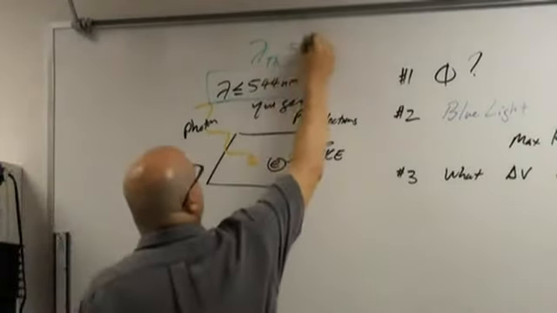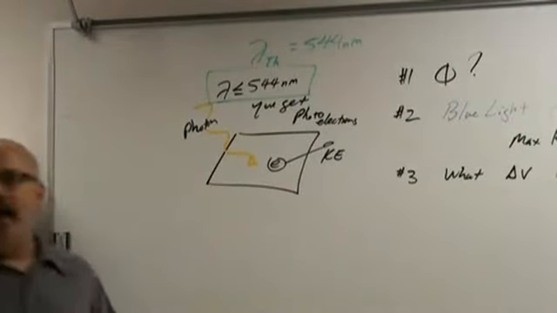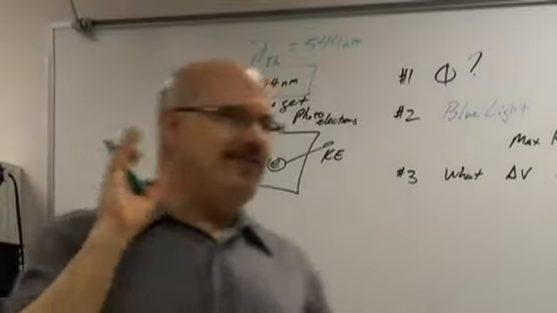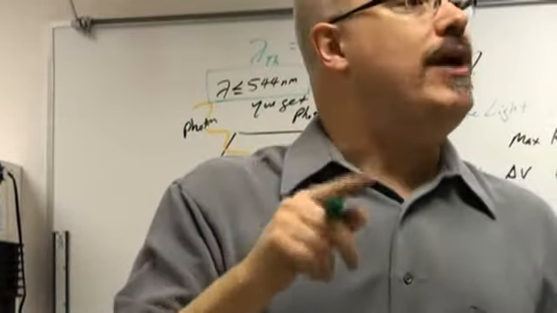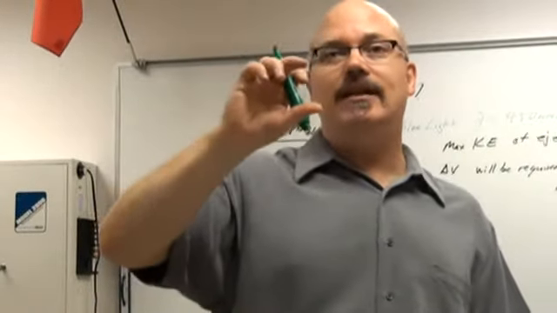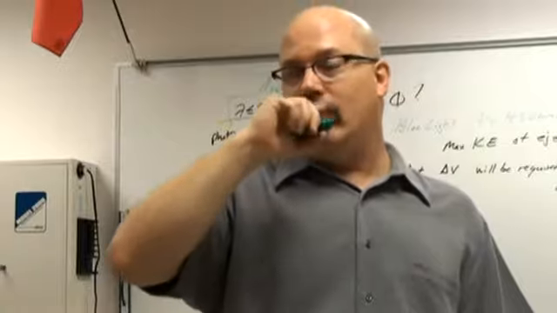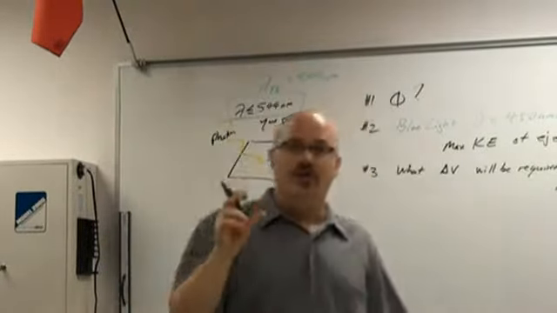Threshold wavelength is 544 nanometers. That means any wave with less energy than that one won't be enough to break it free from the amount of energy that the atoms are holding onto their electrons, right?